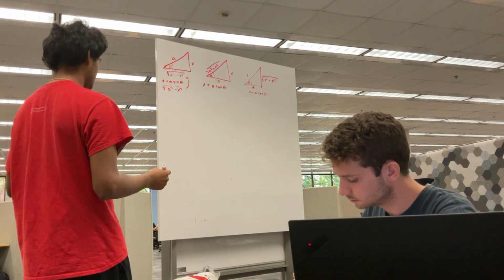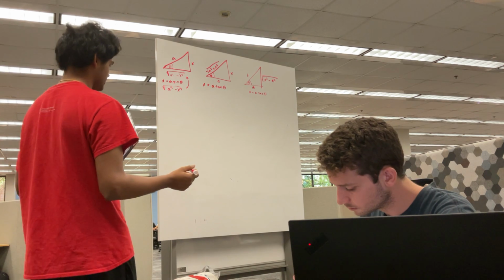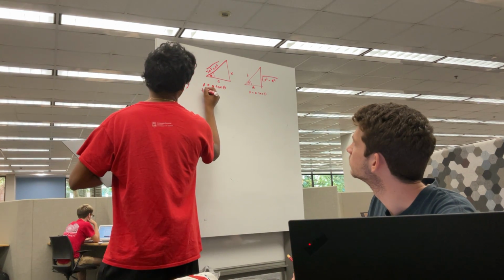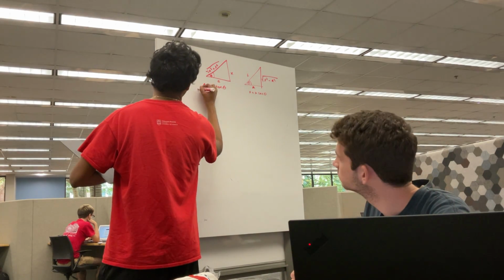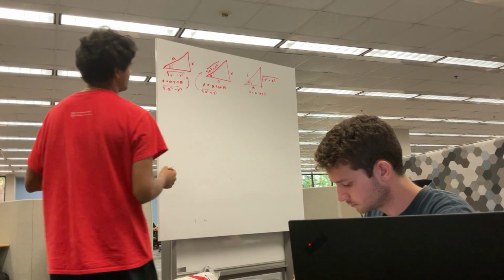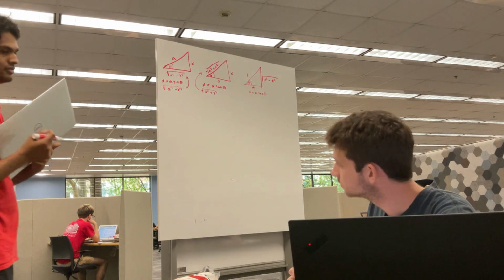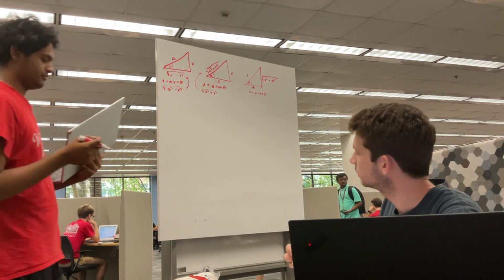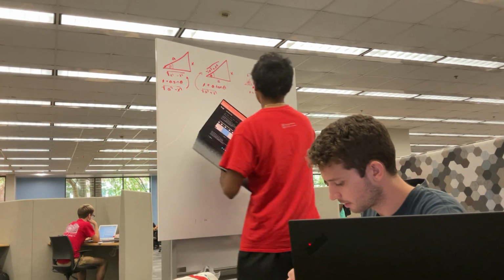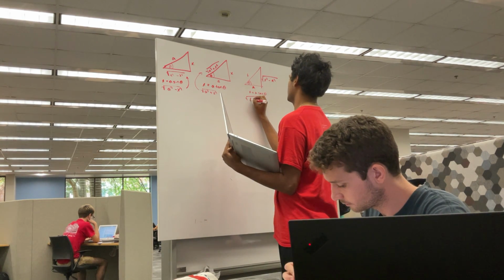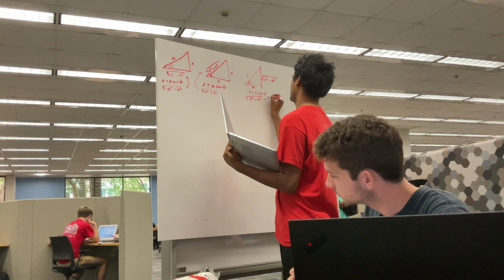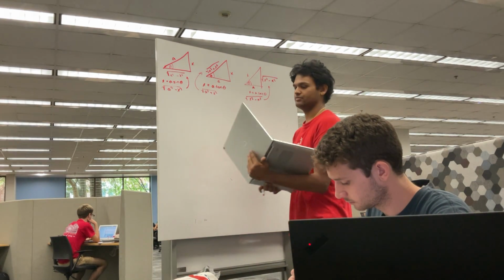If you see a squared plus x squared, you're going to use x equals a tan theta. And if you see the square root of x squared minus a squared, you're going to use a secant theta.